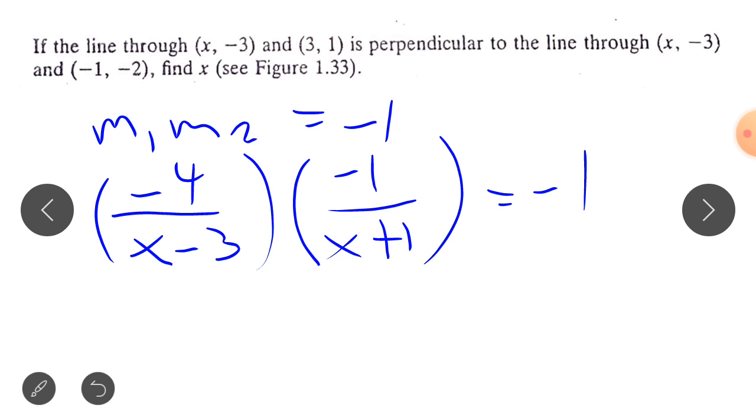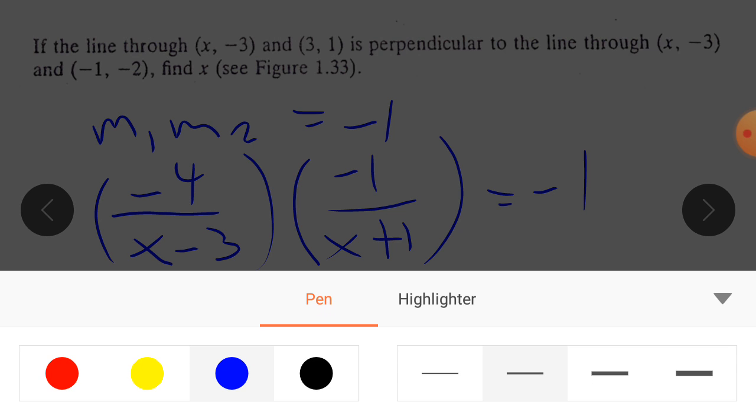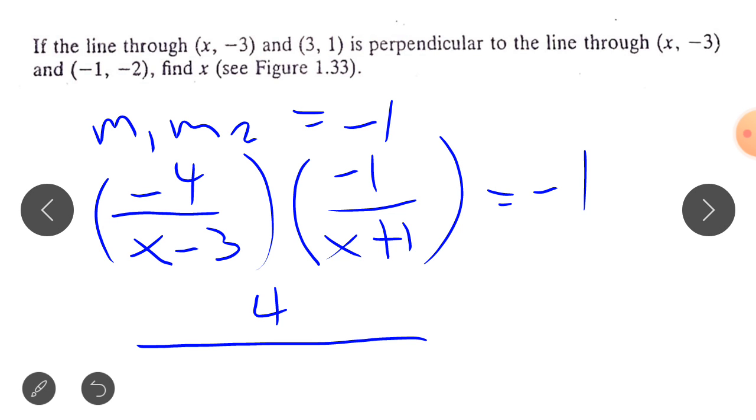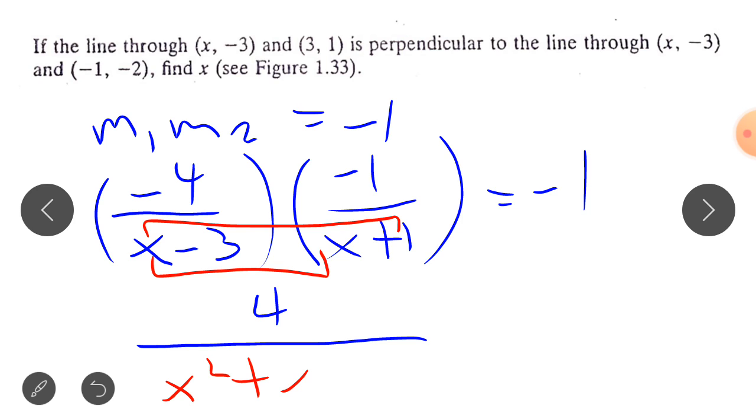Negative 4 times negative 1 will give us positive 4. And this is binomial times binomial. First terms, x times x, x squared. Outer terms, x times 1, positive x. Inner terms, negative 3 times x, negative 3x.